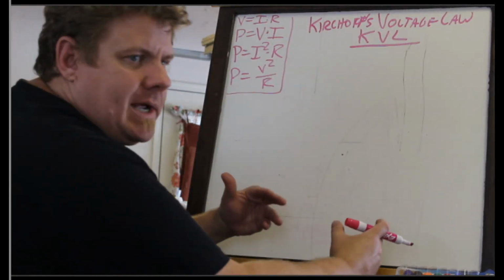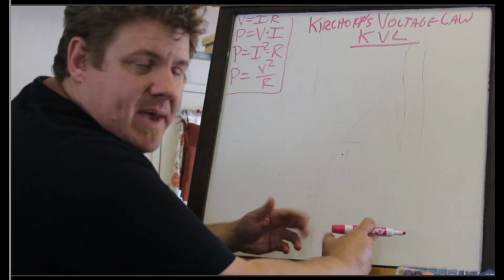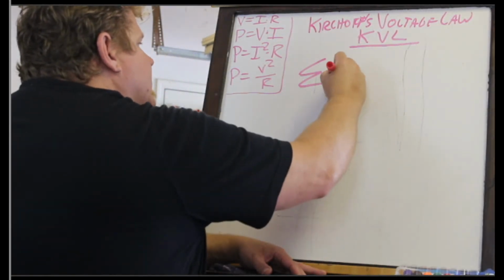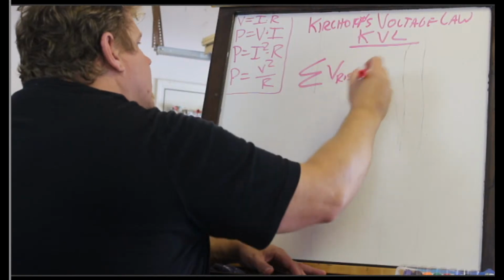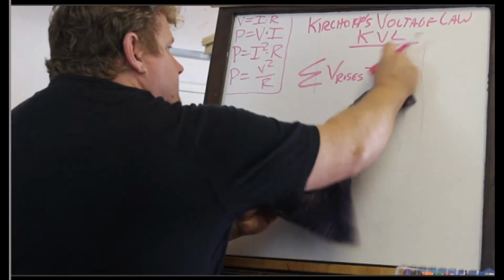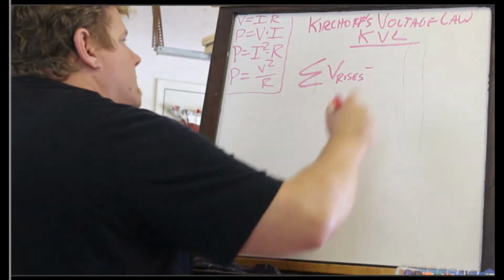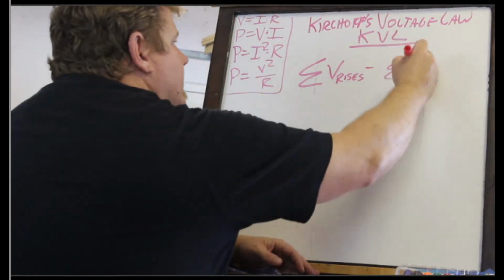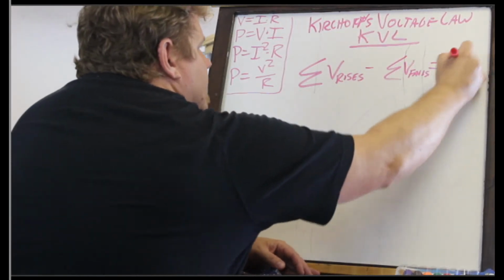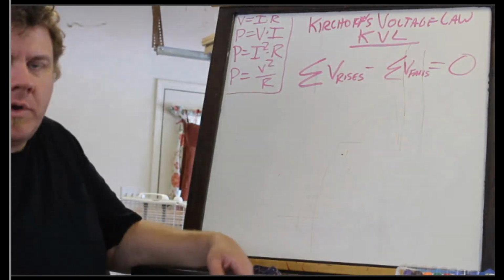And so more generically, if we write it mathematically, it's the summation of all of the voltage rises minus all the summation, whoa, I just invented a new Greek letter. The summation of the voltage falls has to equal 0. You can't create or destroy matter.